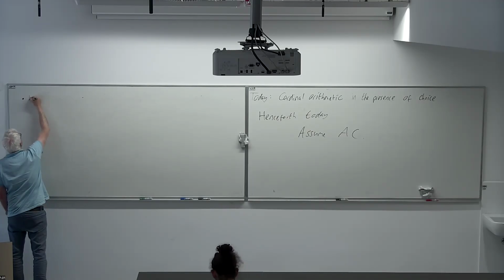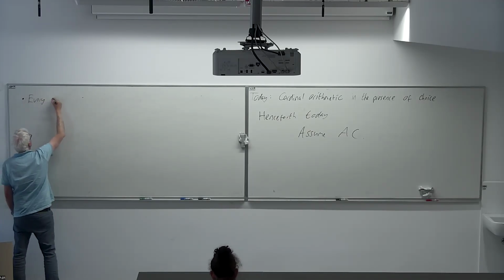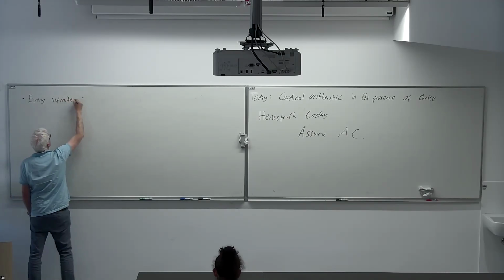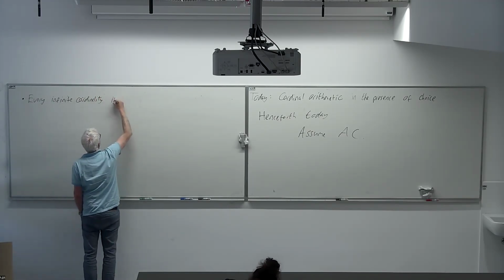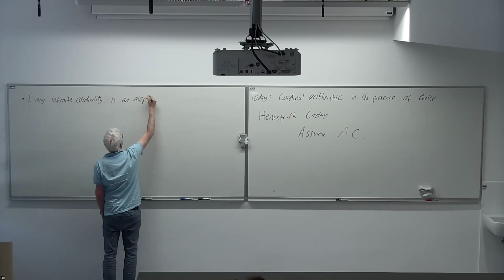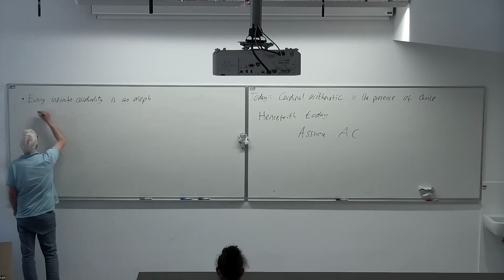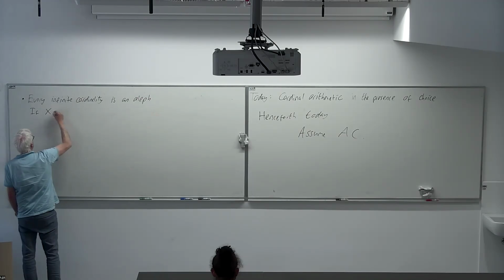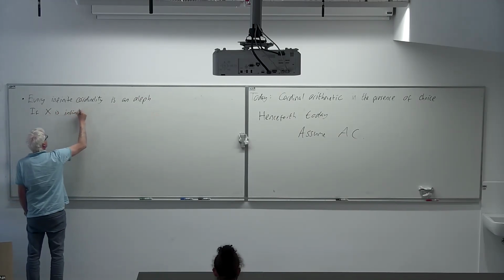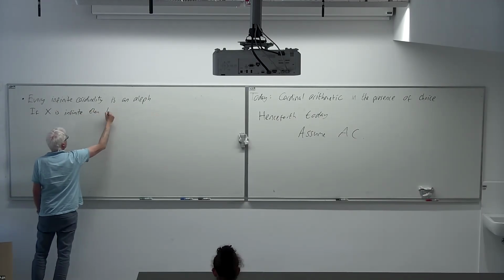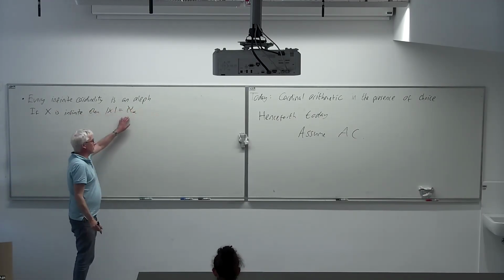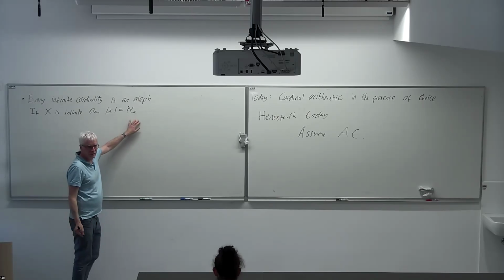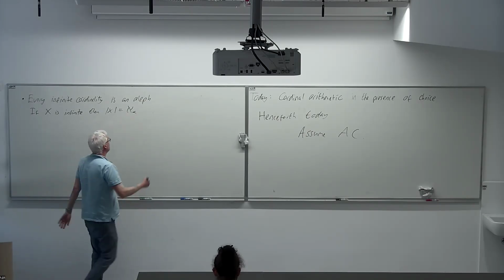So every infinite cardinality is an aleph. In other words, if x is infinite, then the cardinality of x is aleph alpha, that is the cardinality of an initial ordinal omega alpha, for of course a unique ordinal alpha.